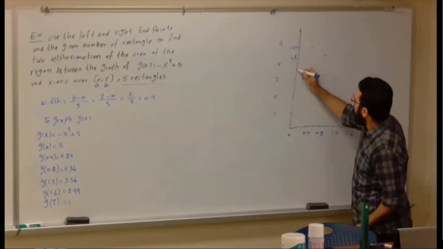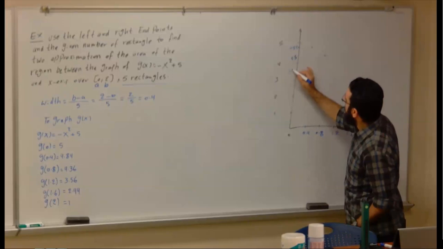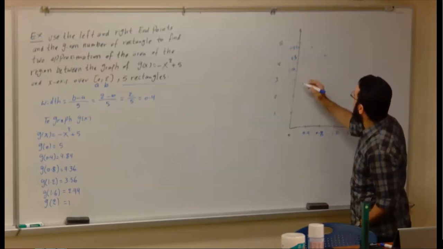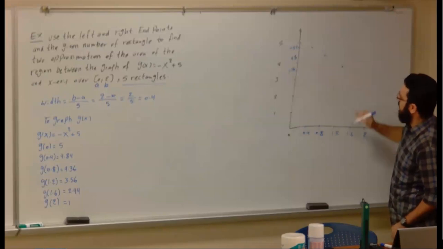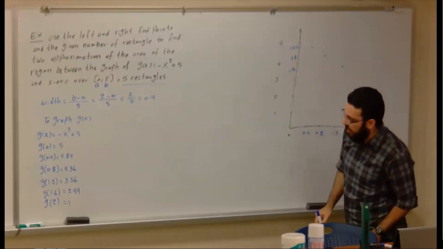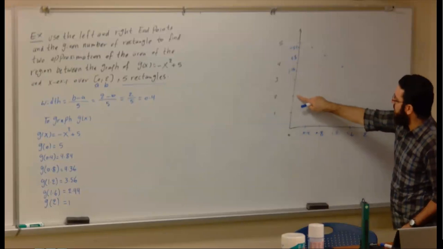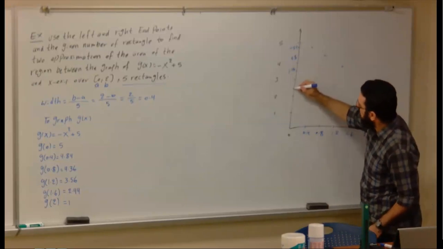Let's say here's 3.56. So my point is going to be here. And for the next one, 2.44, so here is the 2.44.